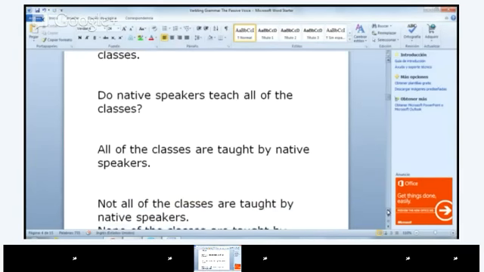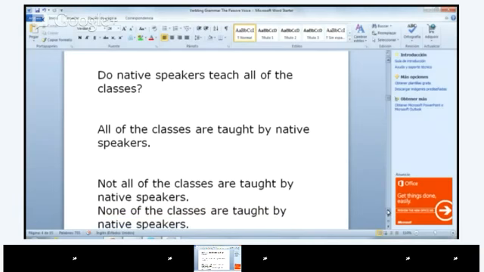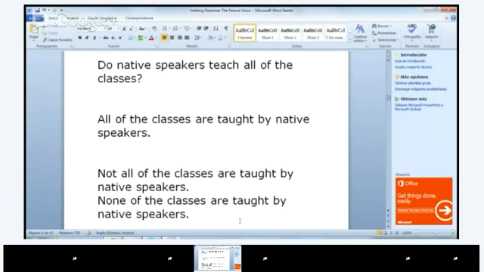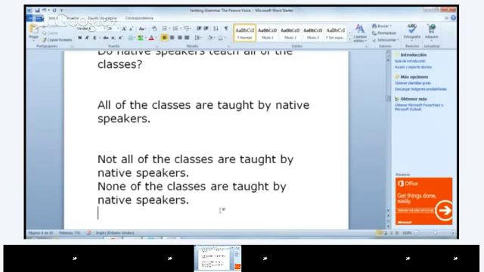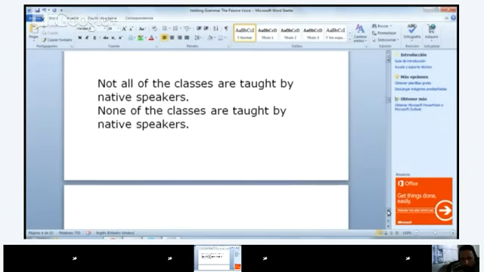The second idea, not all of the classes are taught by native speakers. That's a little tricky. And another idea, none of the classes are taught by native speakers. So you have two ideas, not 100% of the classes, or none of the classes, depending on what you want to say. And then the final idea is the question.